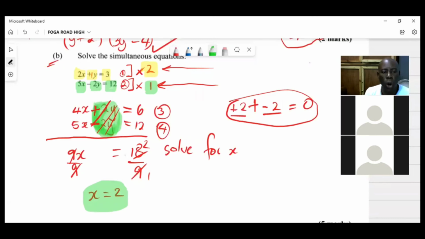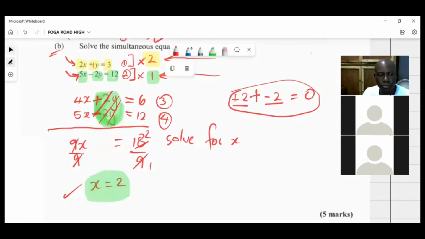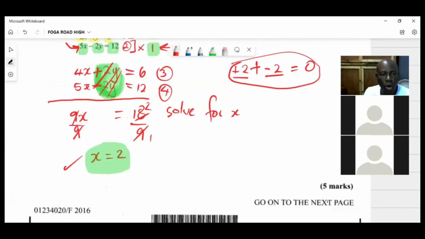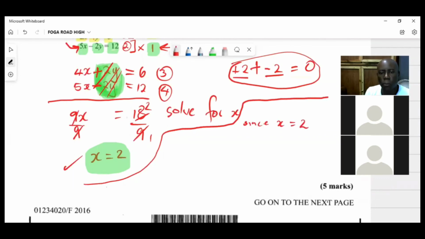Since we know that x is equal to 2, we could substitute this value in any one of these equations and find the other unknown. What do I mean? Watch. Since x is equal to 2, we could use the simpler one.